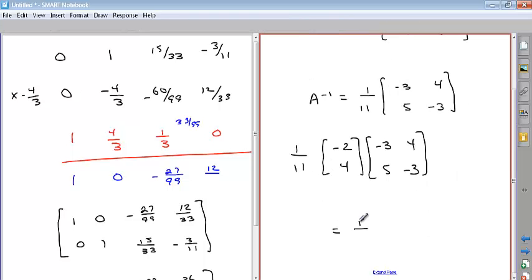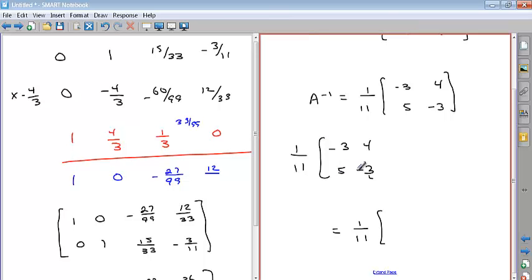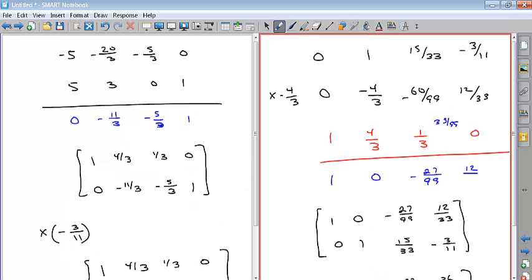So I get negative 1 11th, and then when I take this times that plus that times, let's see, am I doing this right? I think I've got it the wrong way around. I think I've got to multiply it the other way. So I'm going to take the inverse and multiply by the negative 2, 4.